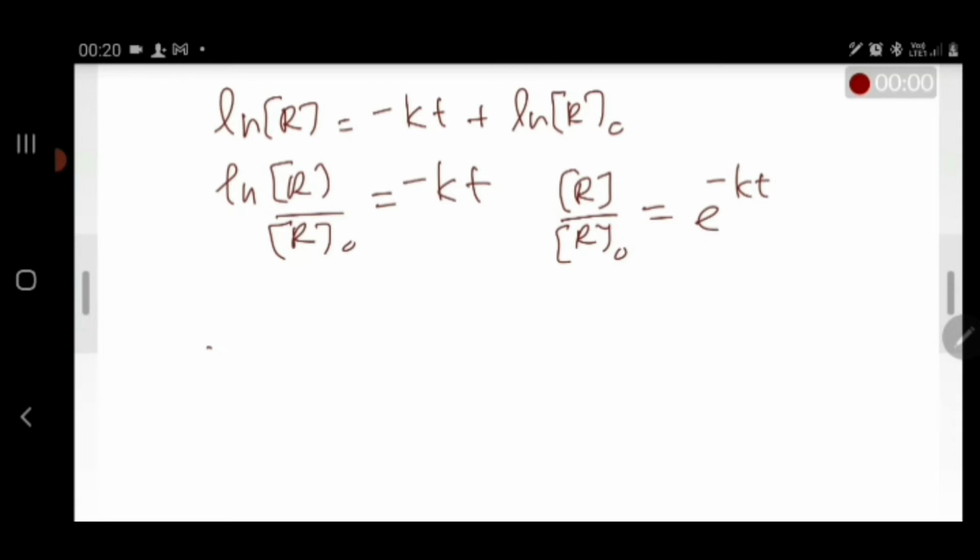So this is one form of the equation. You can again write the same equation as R is equal to R naught into e raised to minus kt. This is again one more version of the equation.